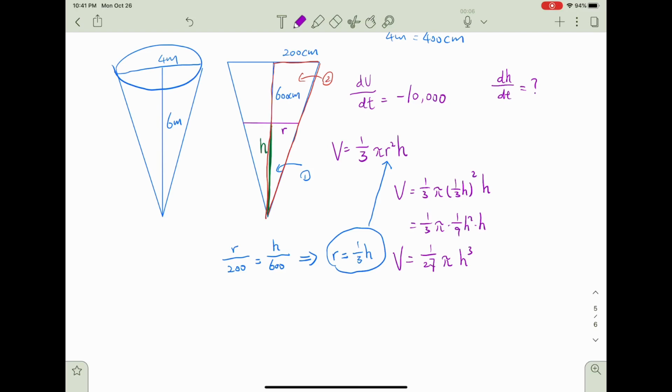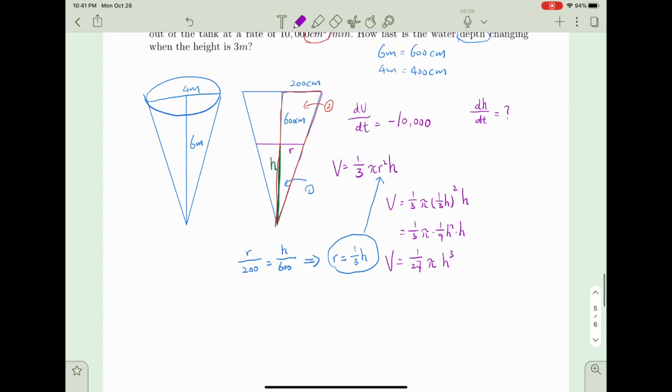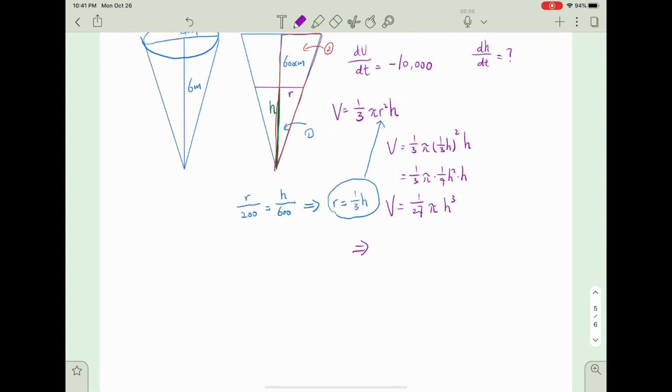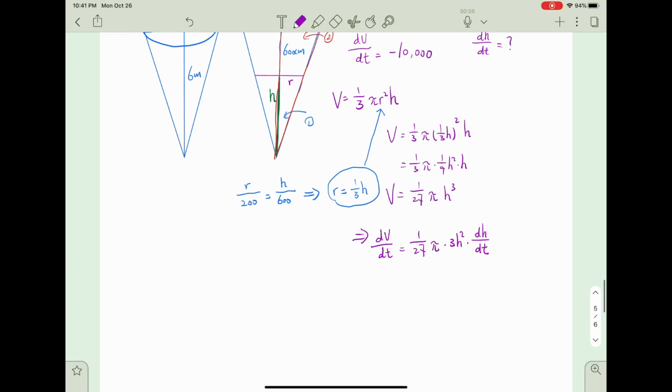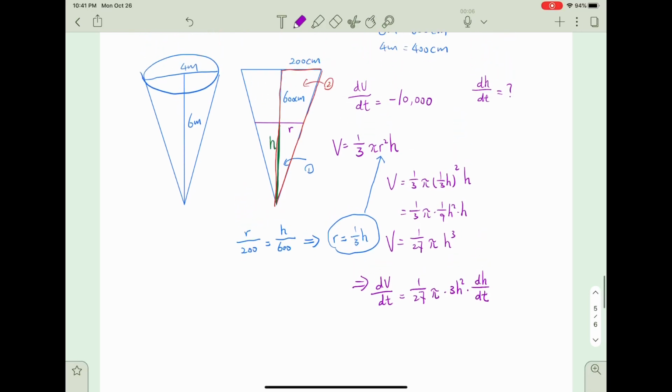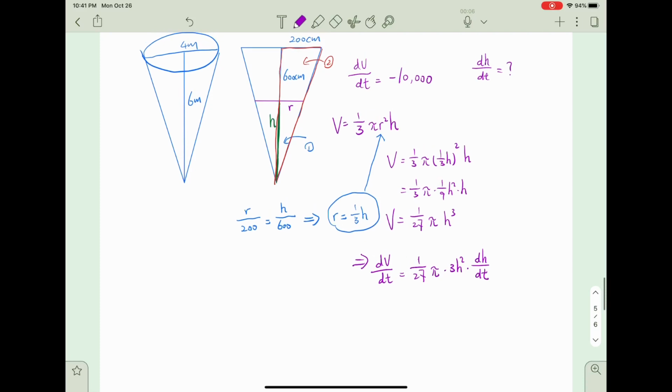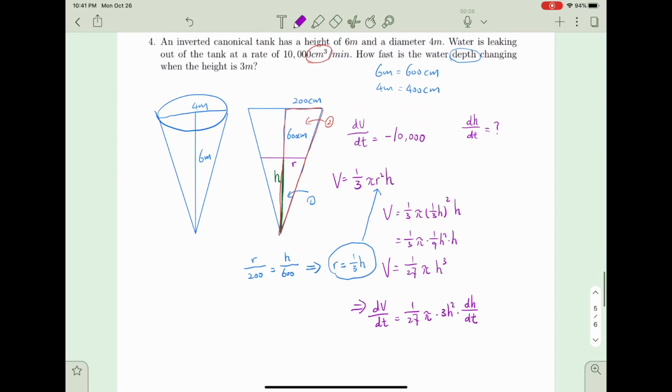Then we're going to take the derivative on both sides with respect to the time t. So we have dV over dt equal to 1/27 pi, a constant factor, times 3h squared times dh dt by using the chain rule. We could simplify it, but it's fine if we don't.